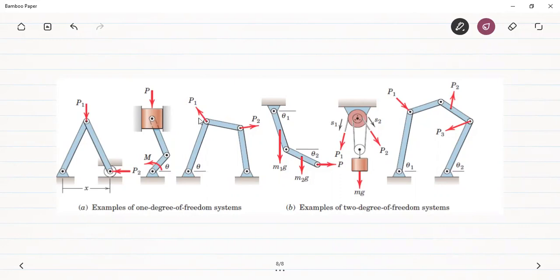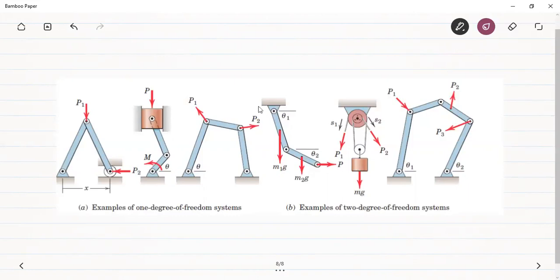Our displacement was always in terms of delta theta. Whichever question we took, we could represent delta x, delta y in terms of delta theta. Therefore, only 1 degree of freedom was required, because delta theta alone was sufficient to explain the configuration of the whole system.